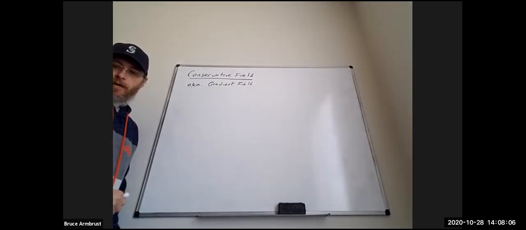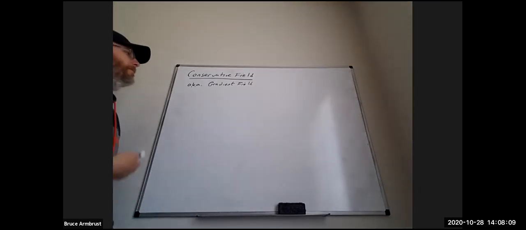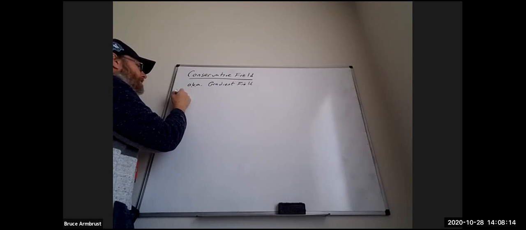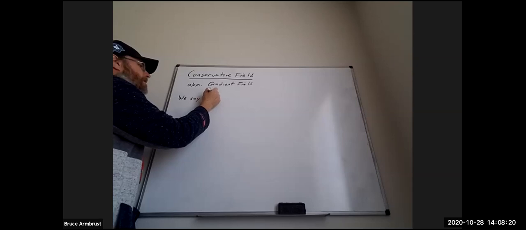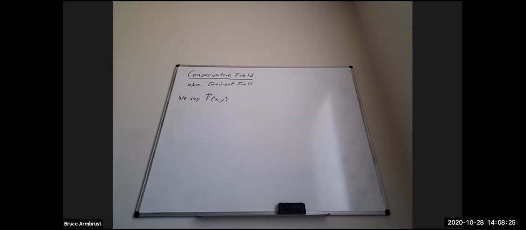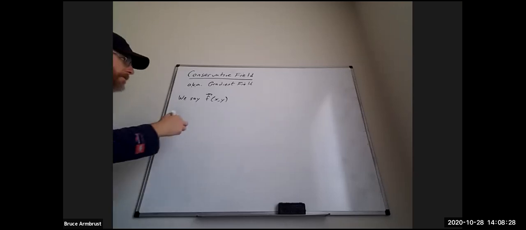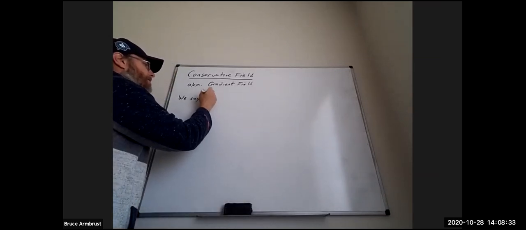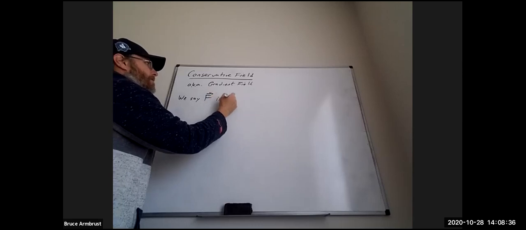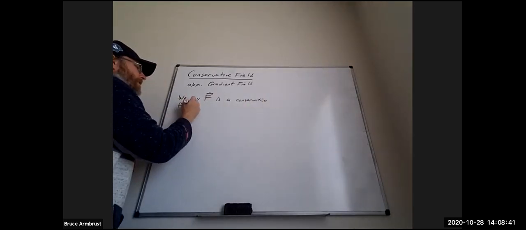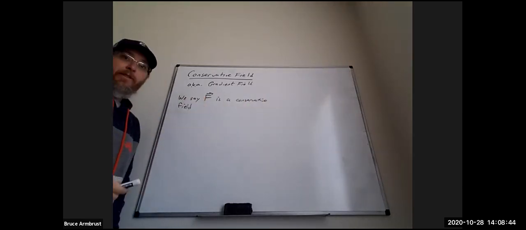Okay, so a conservative field. Basically, this is what it means for a function to be a conservative field. We say that, so I'm going to write it like this. Capital F. All right, so capital F with the arrow over it, because remember, these are vectors.